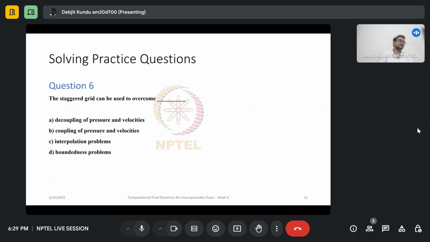So is it option A, decoupling of pressure and velocities, option B, coupling of pressure and velocities, option C, interpolation problems, or option D, boundedness problems?